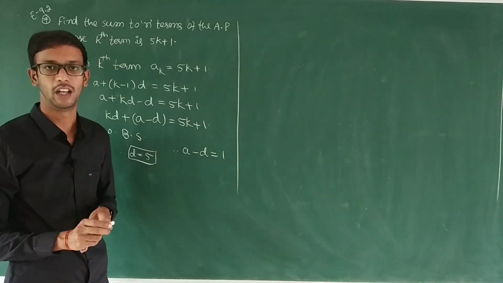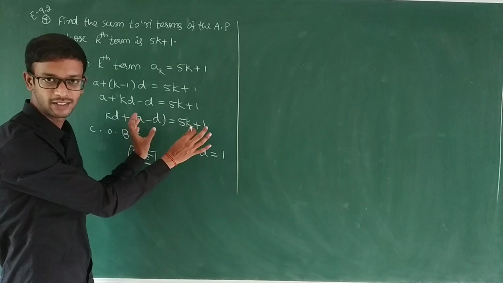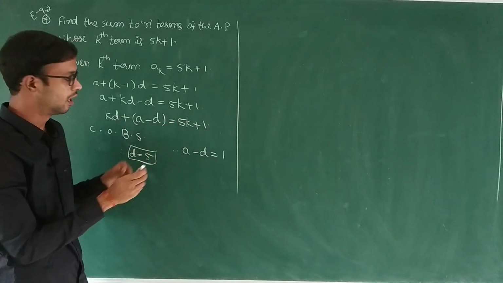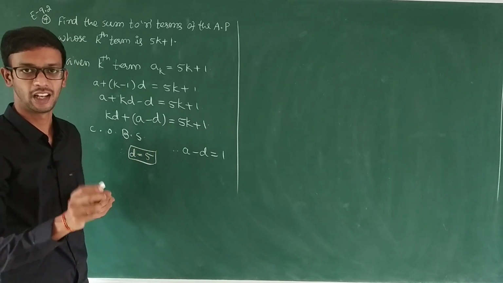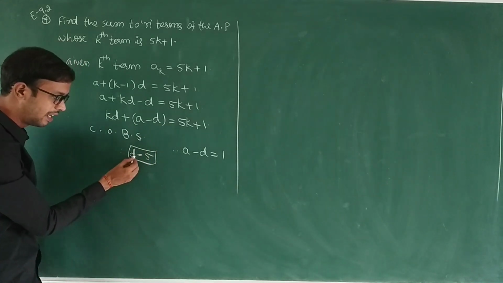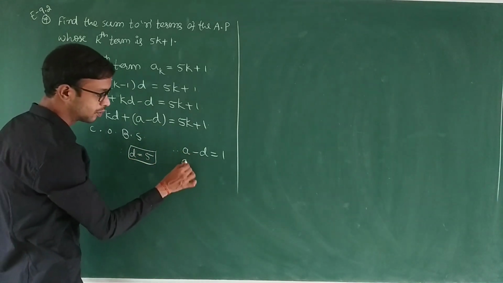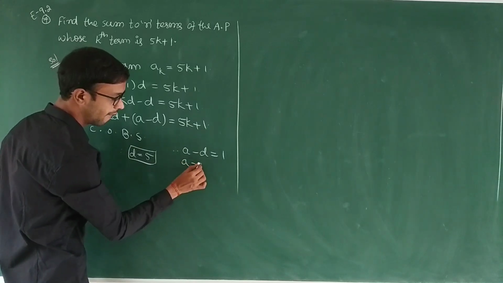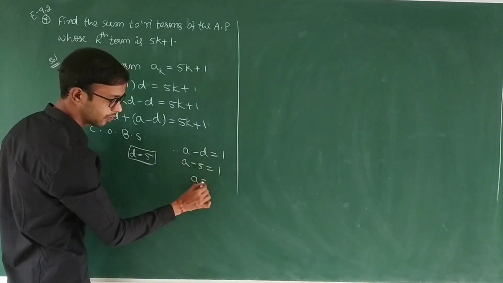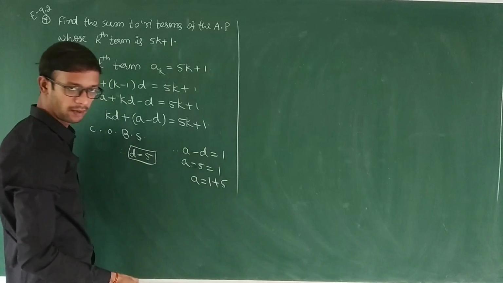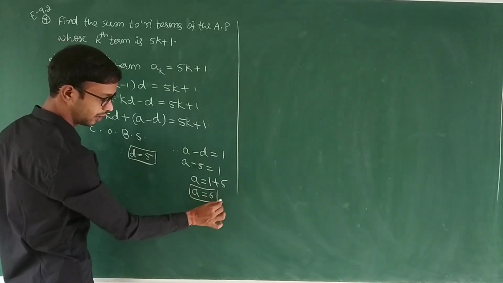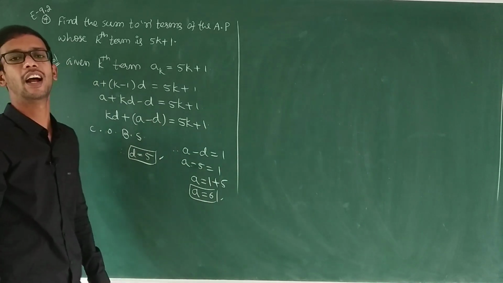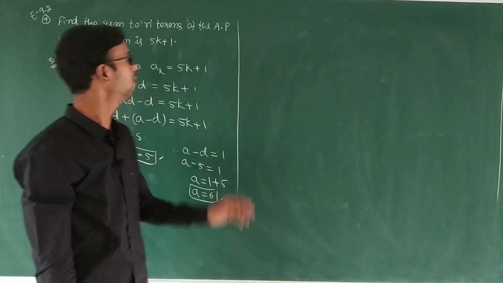Two expressions are equal means corresponding coefficients are equal. So d equals 5. Substituting, a equals 5 plus 1, which is 6. We got the a value and the d value. What do we have to find?